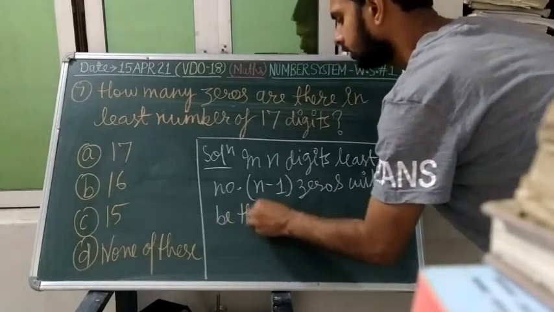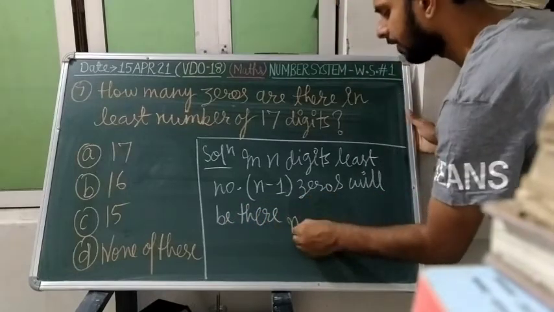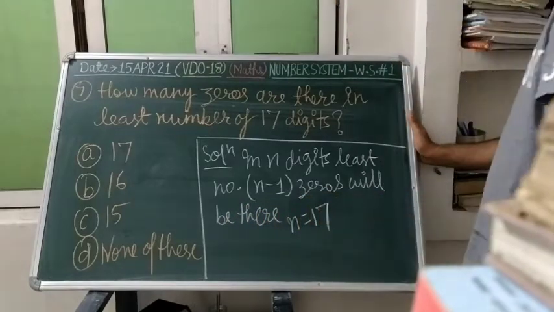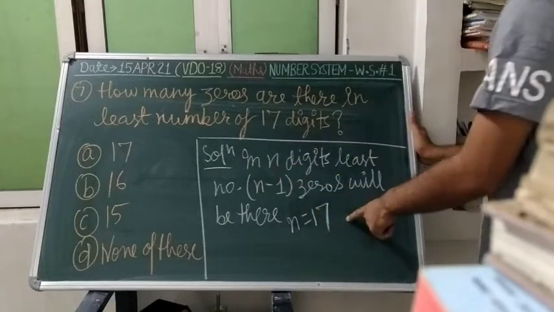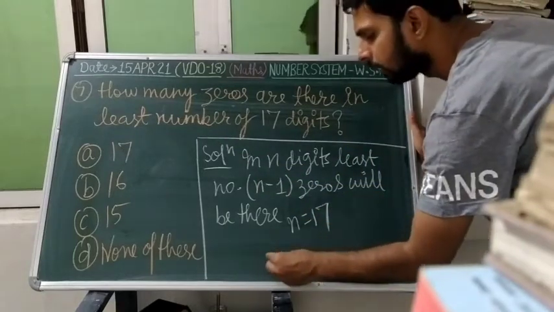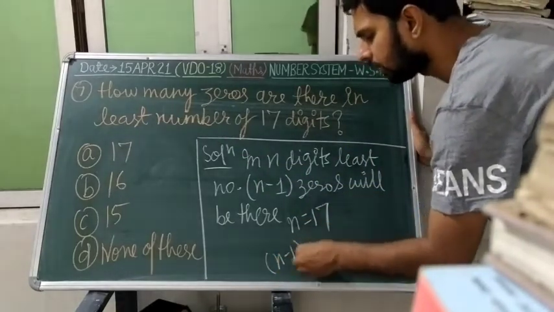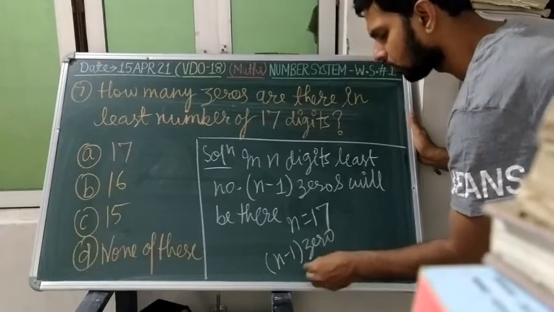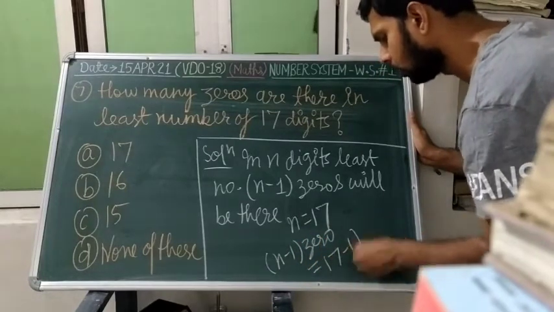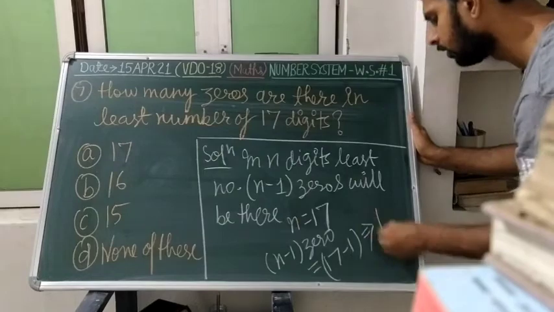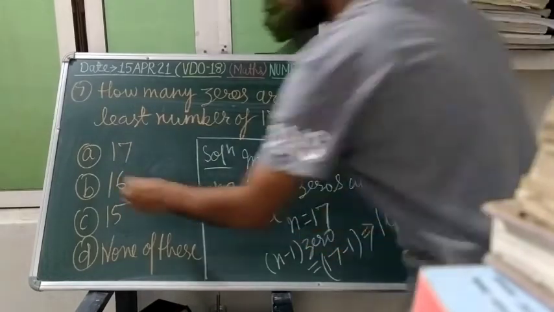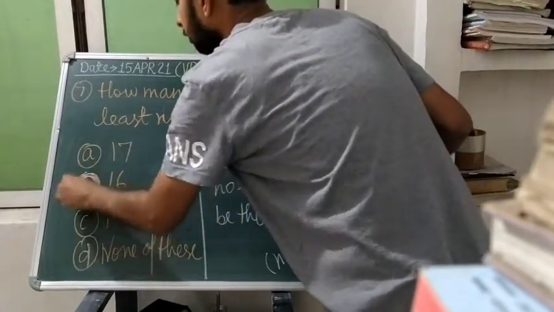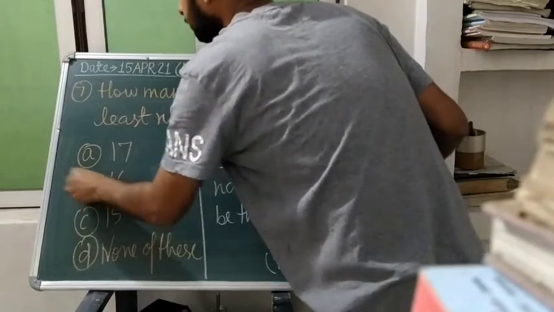So n is your 17, and in the least number of 17 digits there will be n minus 1 zeros, means 17 minus 1 zeros, which will give you 16. So your answer will be B1, 16.